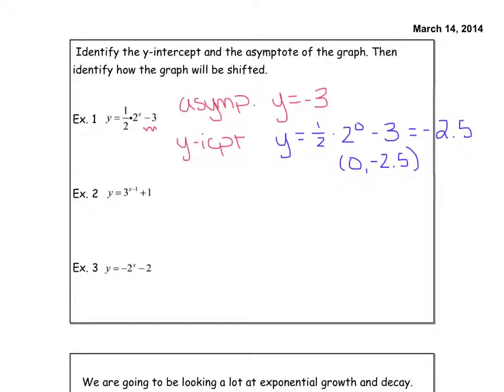Let's do the same thing for this next example. Let's find what the asymptote and the y-intercept are. So the asymptote is going to be at y equals 1 here. So this is our asymptote. That's that line that it's going to approach but never cross. Then the y-intercept is at y equals 3 to the 0 minus 1 plus 1.